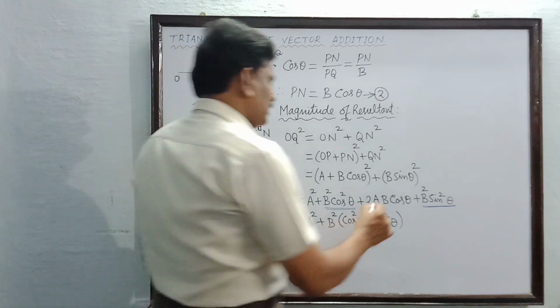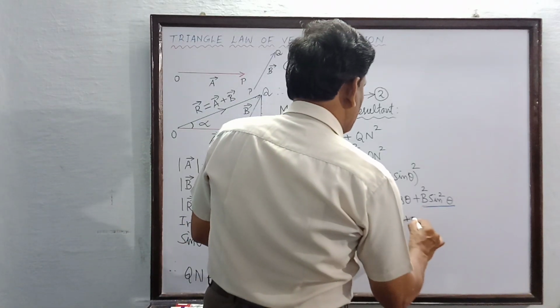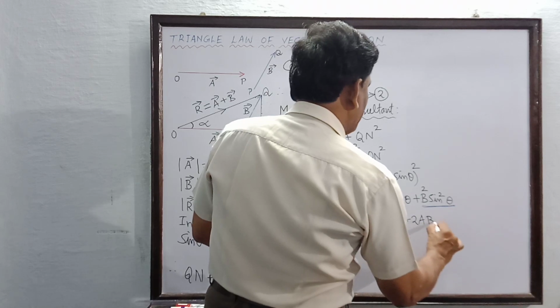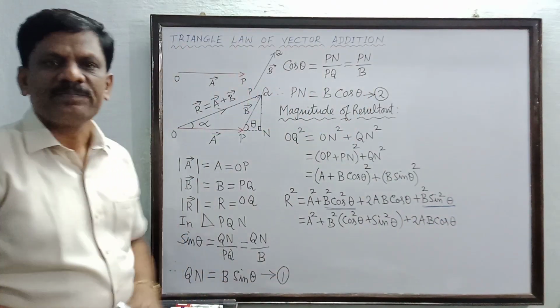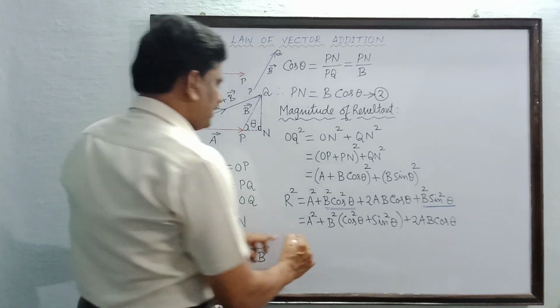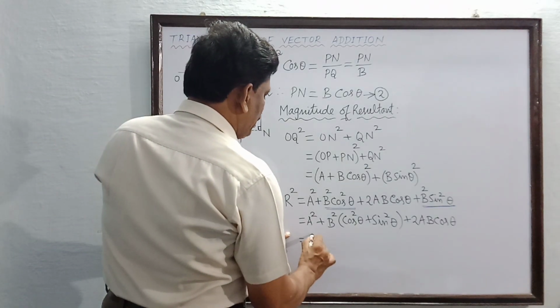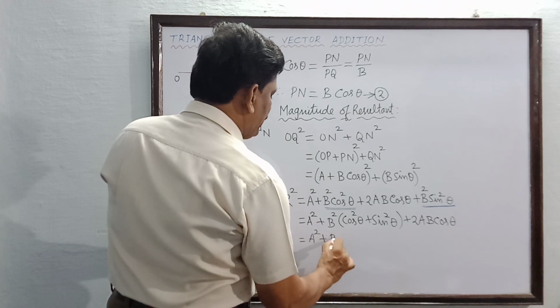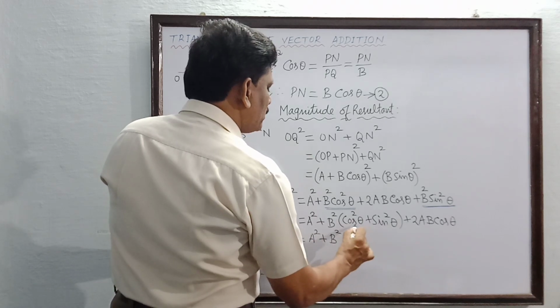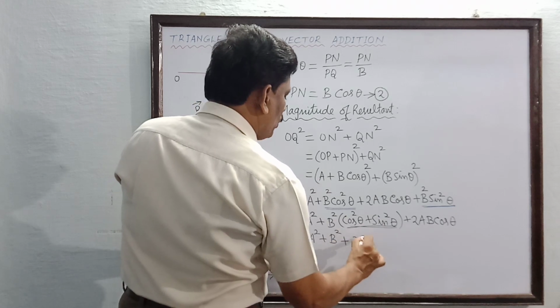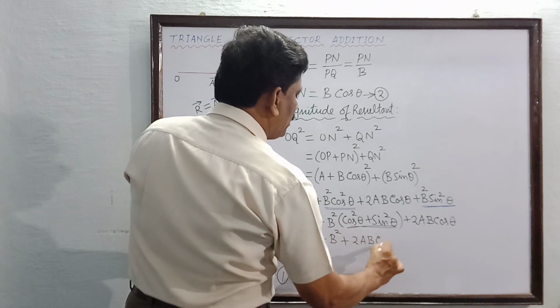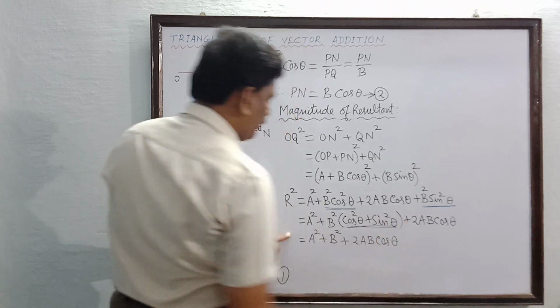Okay. So the third term is 2 into AB into cos of theta. Then this is also now equal to A square plus B square into 1. So this whole term is equal to 1. Next is plus 2AB into cos of theta.